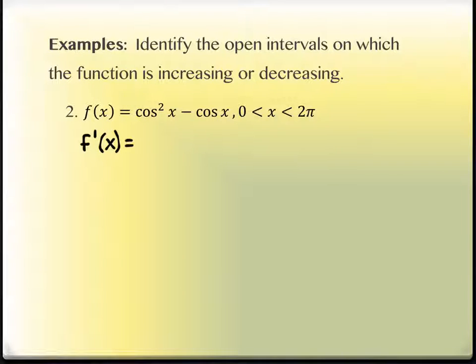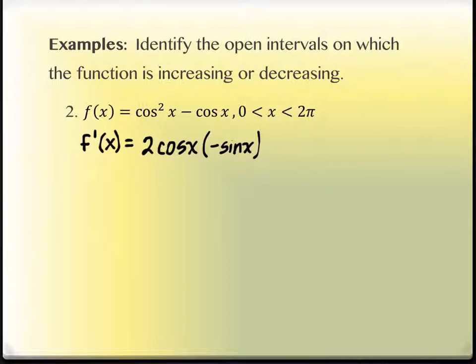Cosine squared, that is a chain rule. It's a function squared. So what do I have to do to take the derivative of cosine squared? Multiply the 2 by the cosine, right, Marco? And then what? Yeah, the derivative of cosine, which is the negative of sine. That's the first piece.